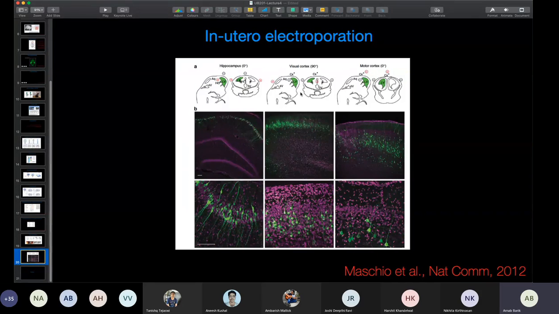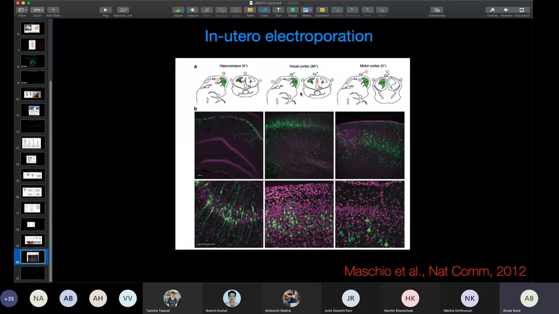Say the gene causing lissencephaly, you can knock it out in a few cortical neurons, and then see how those neurons migrate differently compared to controls, and you can draw conclusions. Okay, this protein is really important for migration, and if you don't have the protein, this is what happens.